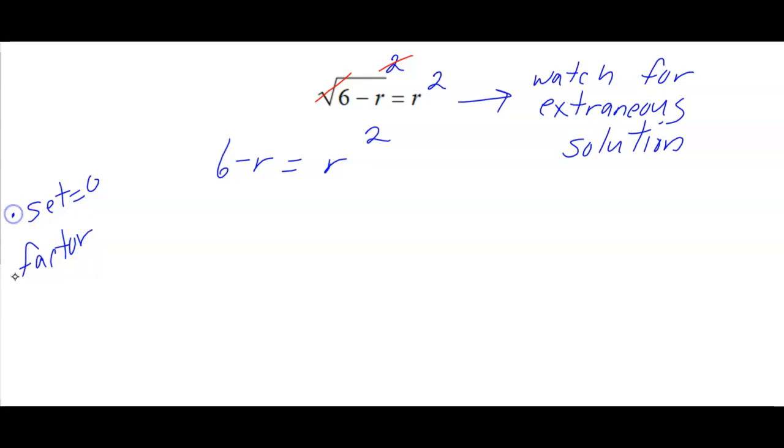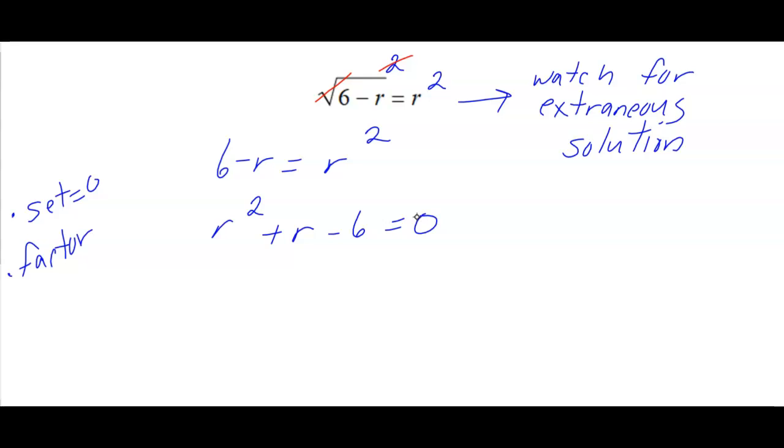Okay, so setting it equal to 0, I'm going to actually bring these guys over here because I like when my quadratic term is positive because it makes the factoring much easier. So you can add r, so you would bring r over to the other side, subtract 6 to the other side. So we'd end up with r squared plus r minus 6 equals 0.